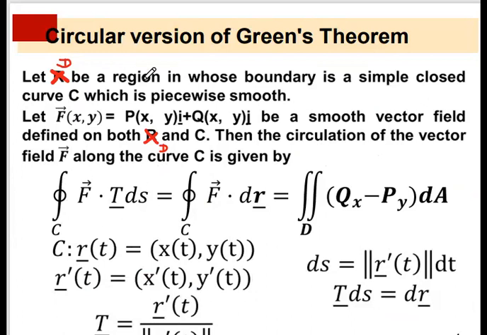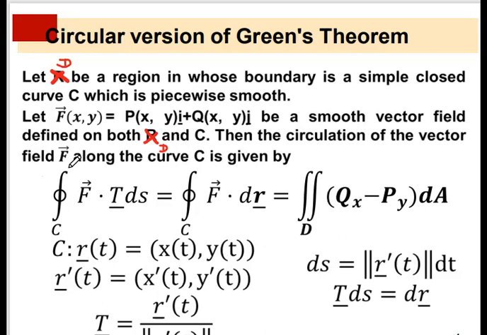So just check the region is simply connected, C is piecewise smooth, and the vector field is smooth over this domain.